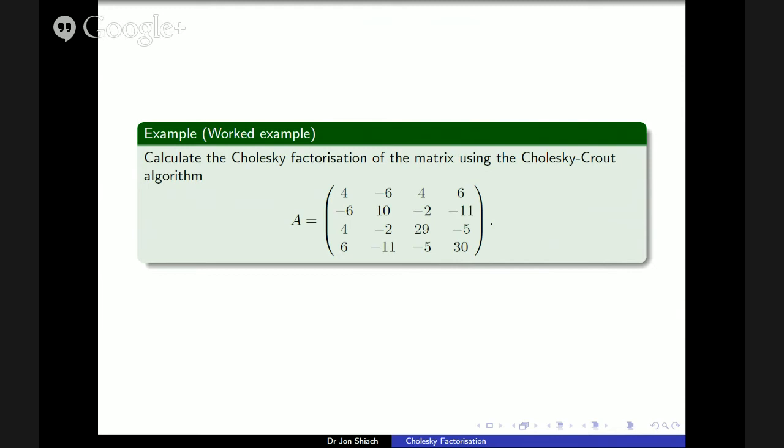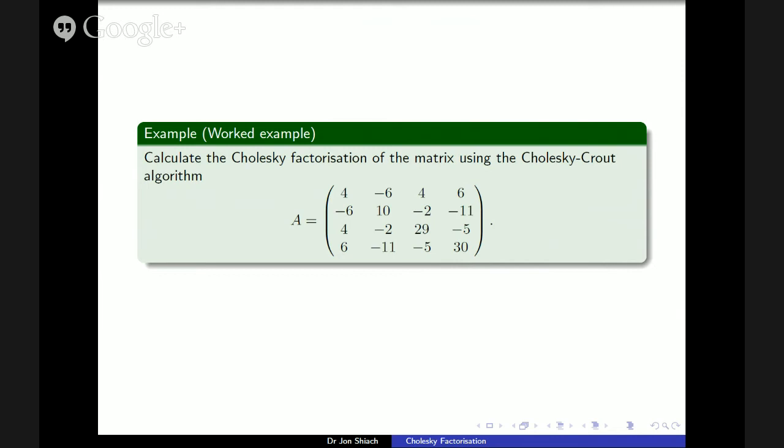It's Lik times Ljk, so it's slightly different to the LU Crout algorithms. So 1 over 1 is 1, so I'm not going to bother with that. A32 is minus 2, L31 was 2, and L21 was minus 3. So we've got minus 2, add 6, which is 4.